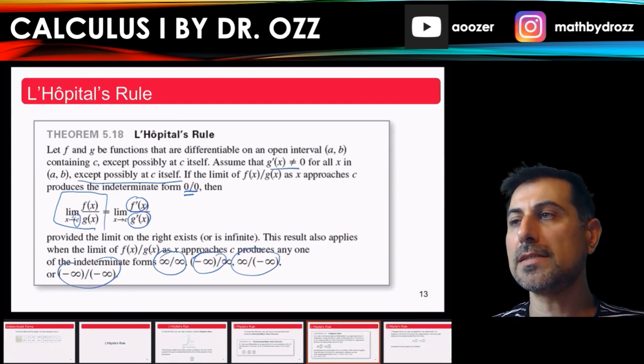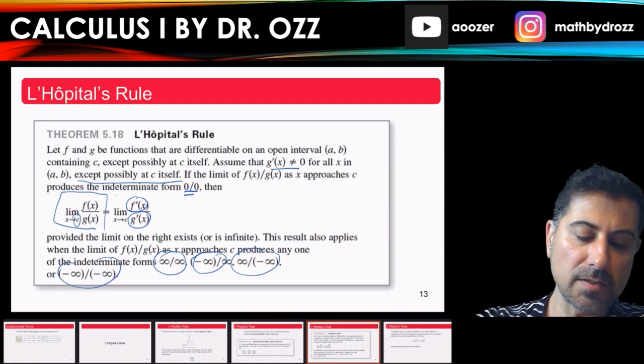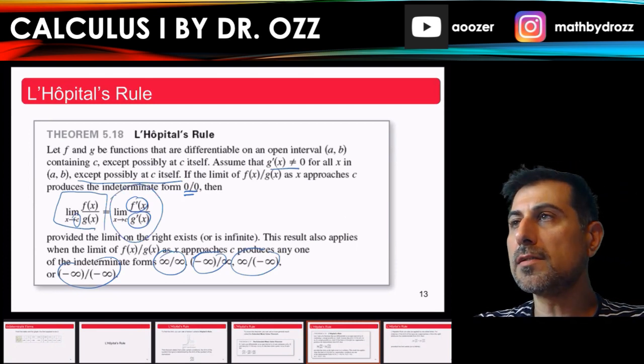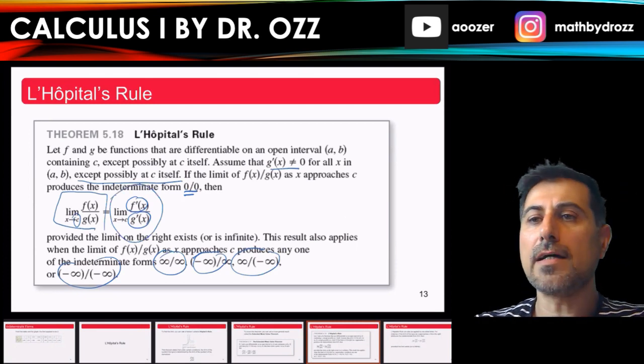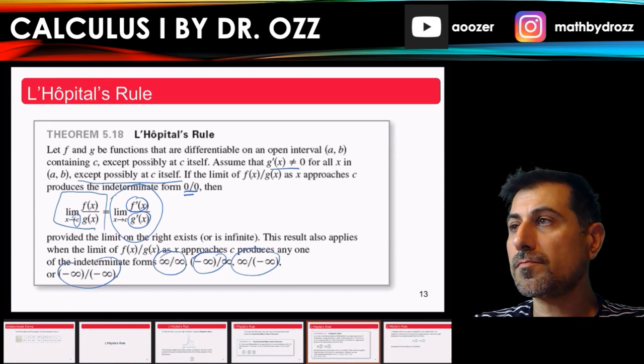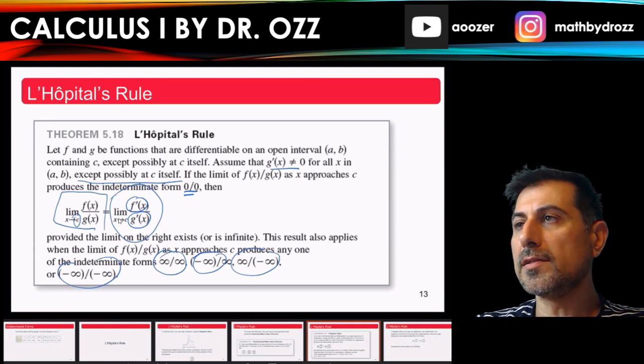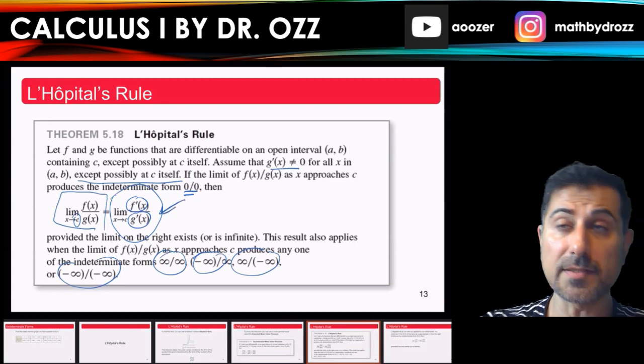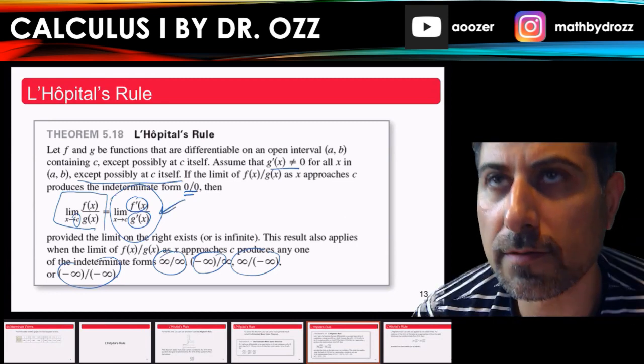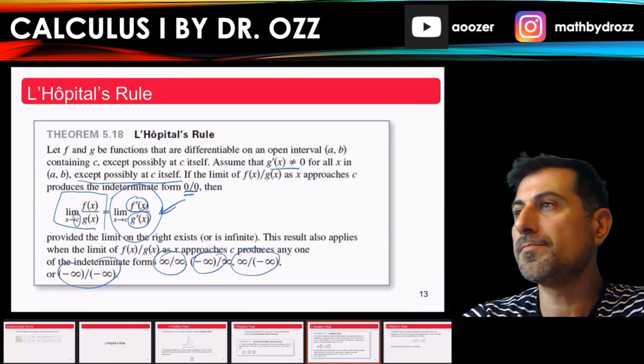So then we pass the limit again. This is a brand new limit, but it turns out that L'Hopital's rule says that those limits are equal. Okay, and obviously these limits are equal as long as the second limit exists, right? If this limit doesn't exist, then we can't talk about the equivalency.